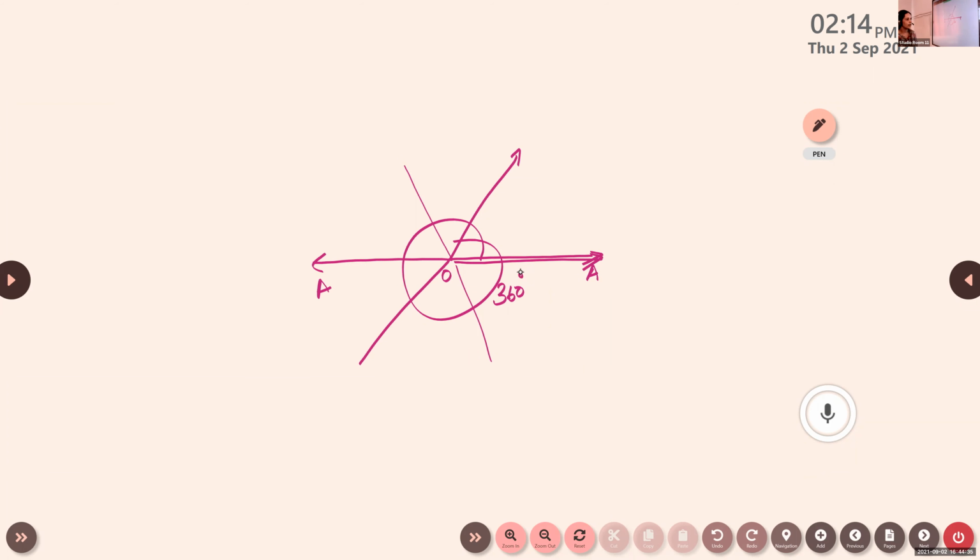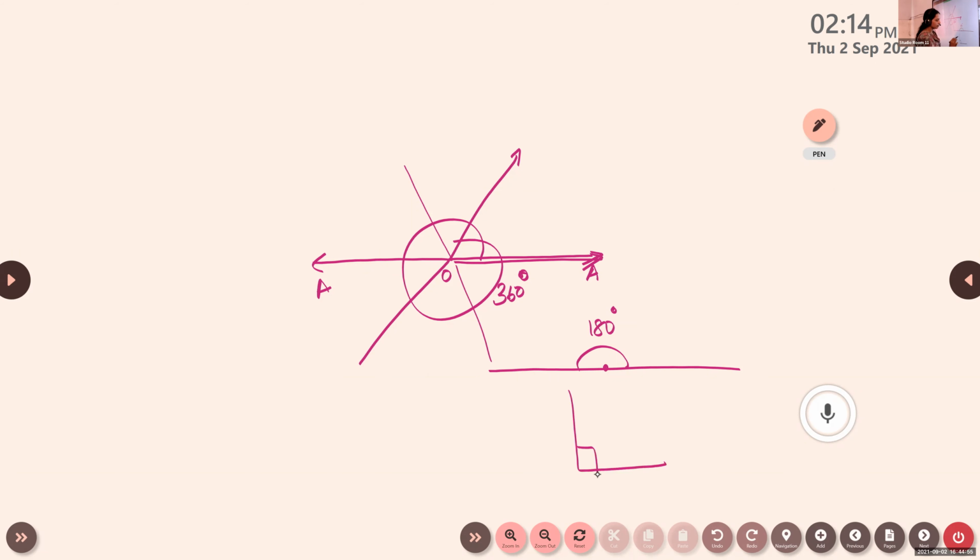Usually we measure the angle in degrees, 360 degrees. If it is a straight angle, we call it 180 degrees.